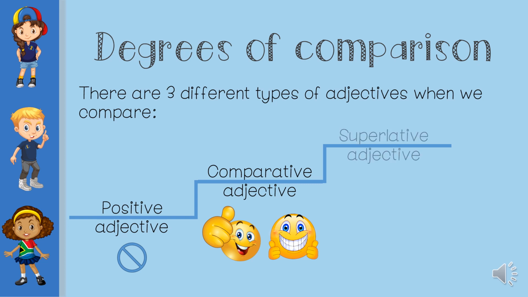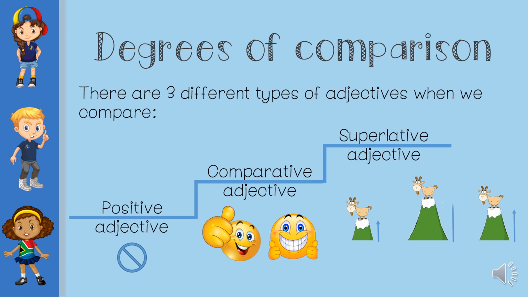The third type is the superlative adjective, the super one. If we look at the 3 goats, the one is high, higher, highest. So we will say the middle goat is the highest of them all.